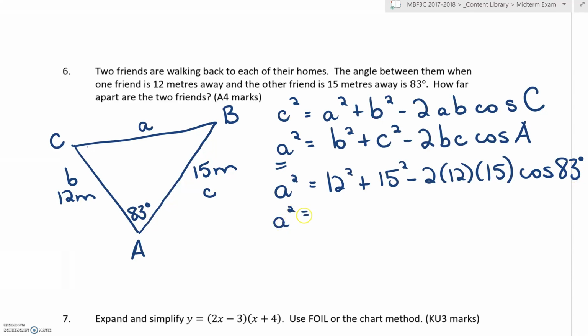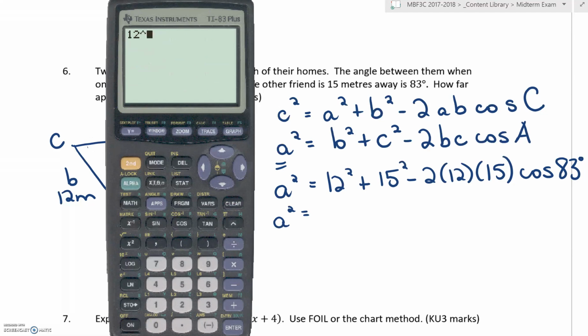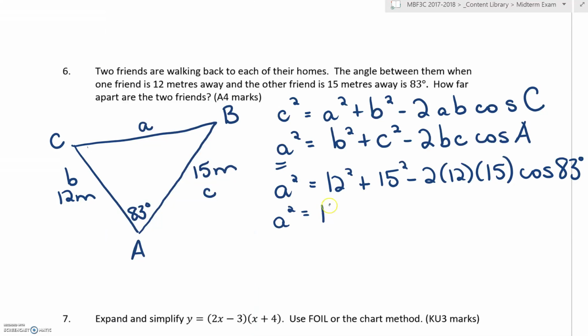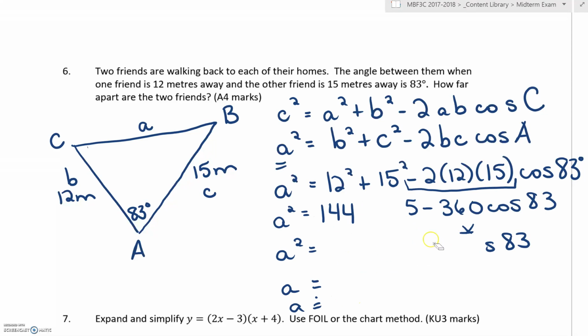So I'm going to do a little bit of math here. 12 squared is 144. Okay, I'm just going to show you that. 15 squared is 225. Okay, so we just type that in.